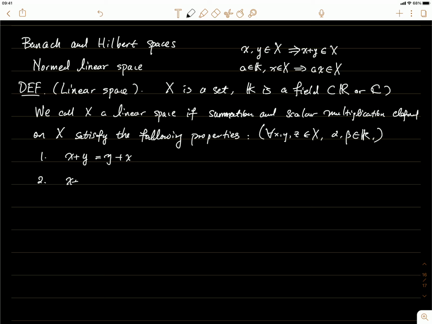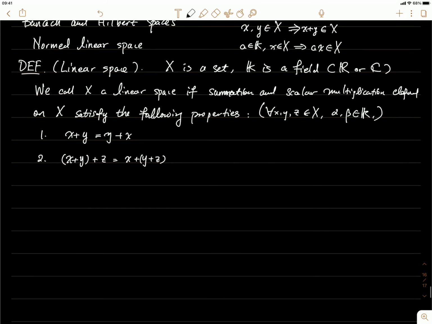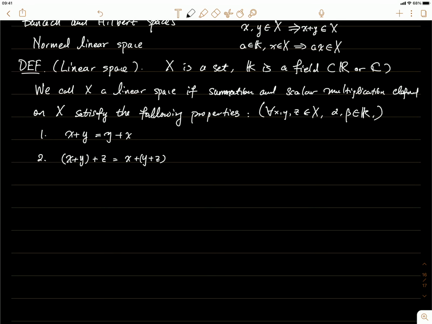The second one is that x plus y, and then plus z, is the same as taking y and z first, and then taking the sum with x. The third one is that there exists a special element in X, which we call 0, such that when you add it to any element in X, you get the same element: x plus 0 equals 0 plus x, which equals x.